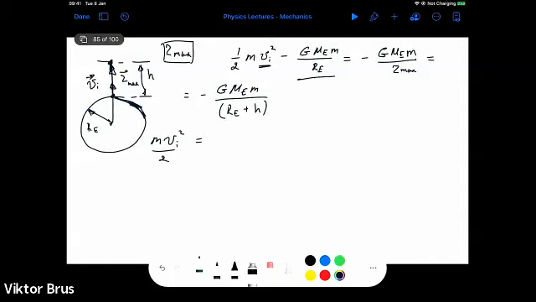So kinetic energy will be equal to G, mass of the Earth, then mass of the projectile, 1 over, with this minus and minus, we will cancel out the minuses, and then it will be our radius of the Earth minus 1 over final radius, R max.